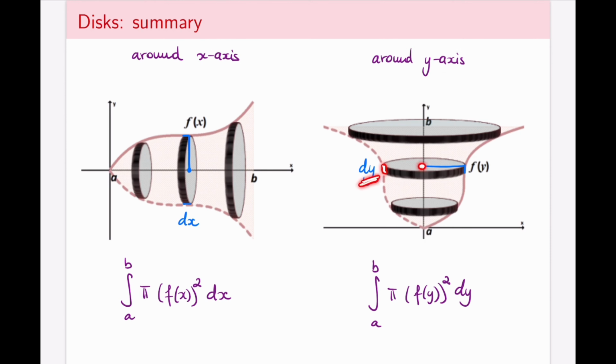The thickness of the disk will be in terms of y, which means that the entire integral is going to be in terms of y. This is nice to remember when we're rotating just around the y-axis. In a few lectures, we're going to see examples when we're rotating around other lines, and that's when it's again going to be essential to be able to draw reasonable typical disks and think about what the radius is. When rotating around the axes, these two formulas will do the trick.